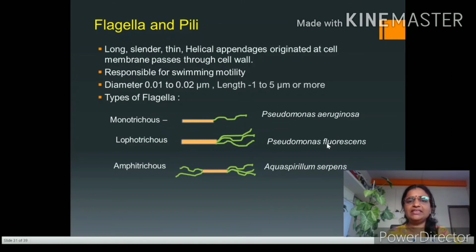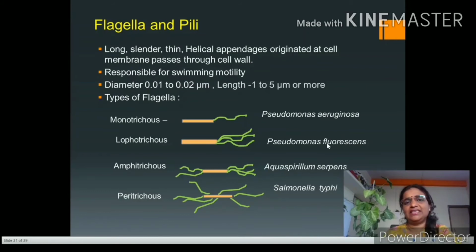In this case, a bunch of flagella is present at both polar ends, and one of the best examples is Aquaspirillum serpens. The next and last type is peritrichous flagella. Peri means surrounding. A number of flagella are present surrounding the bacterial cell, and the best examples are Salmonella typhi, E. coli, and Proteus vulgaris.